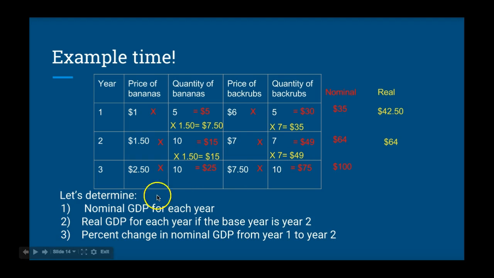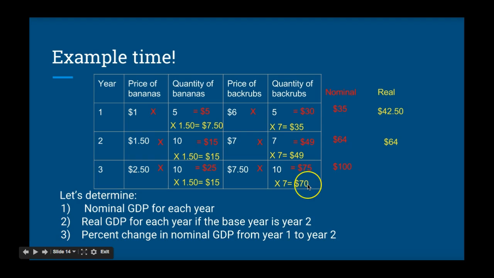Now for year 3, again, I'm taking the price of bananas from year 2 and multiplying it by the quantity at year 3. So 10 times $1.50 will give me $15 total spent on bananas. And then for back rubs, I'm going to take 10 times the year 2 price of $7.